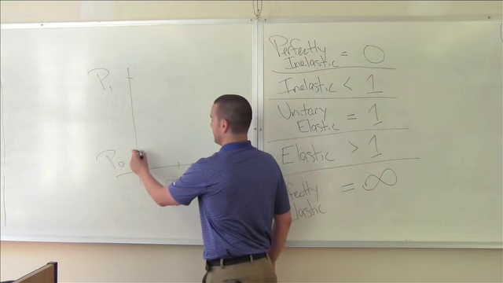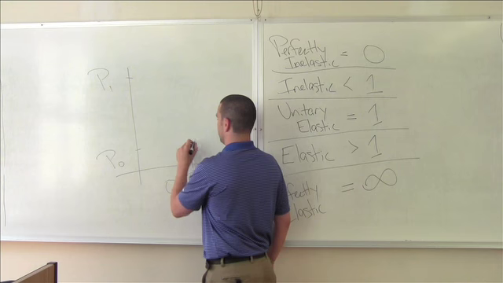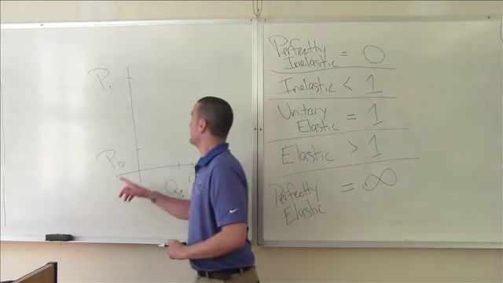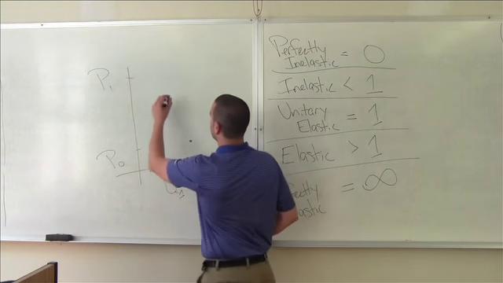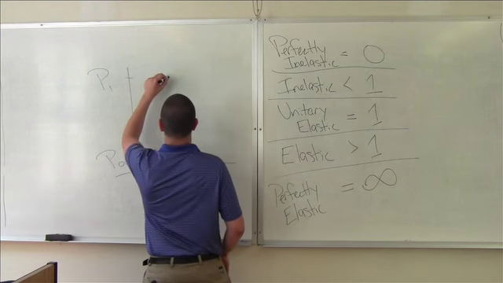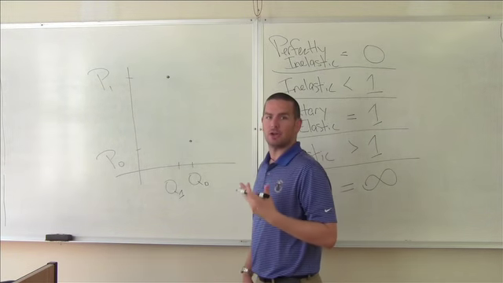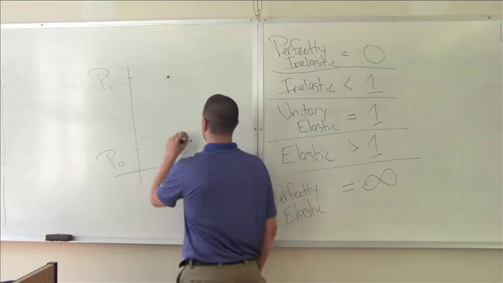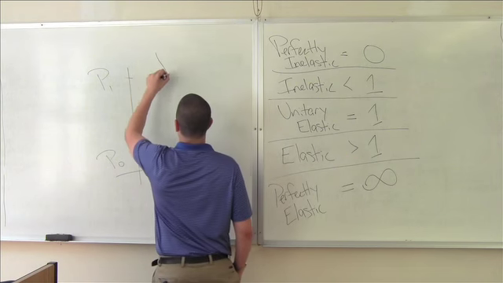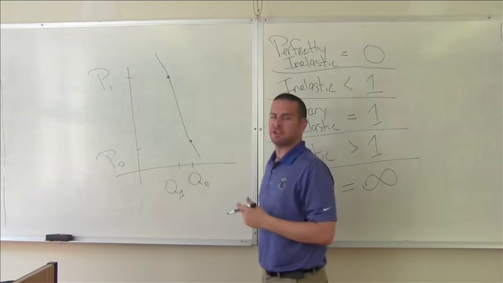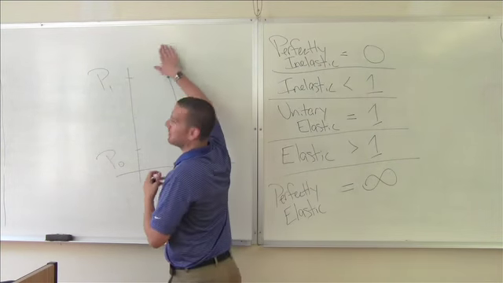We can diagram that like this. Let's just make 2 points, P0, Q0. P1, Q1. Now let's just connect the dots to see what that demand curve would look like. It's not perfectly straight, but it'll do.